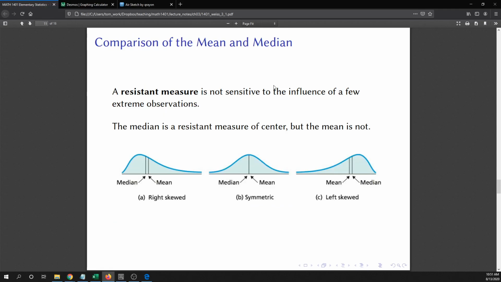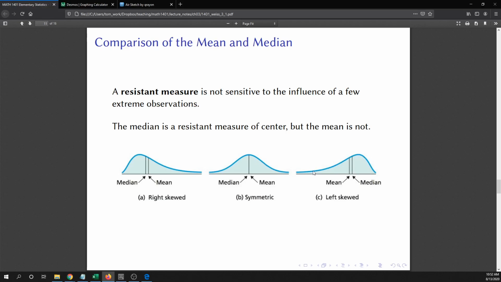One important thing to note about these measures of central tendency is that some are what are called resistant and some are not. A resistant measure is not sensitive to the influence of a few extreme observations. Down here in this diagram, we have some distributions. This one in the middle is symmetric, this one is right skewed, and this one over here is left skewed.